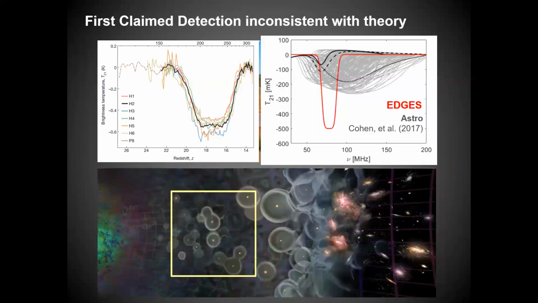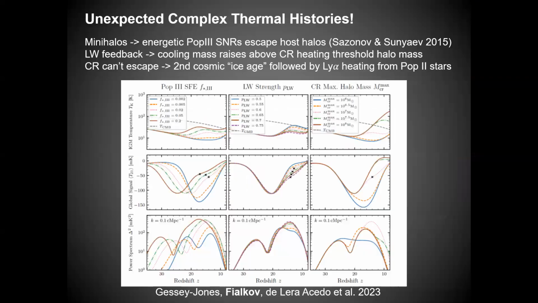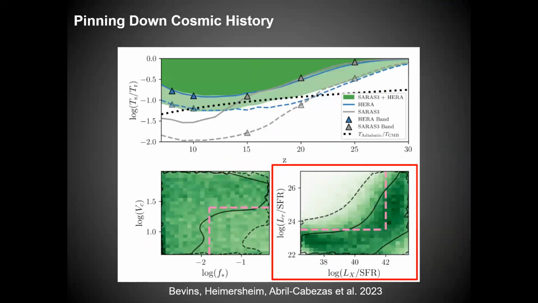And to do what we call statistical inference, to try to find, say, the value of star formation efficiency, to fit simulations to data, it takes millions of points in the parameter space of astrophysical processes. So going from thousands of simulations that we can actually run to millions of samples, we use machine learning to interpolate.